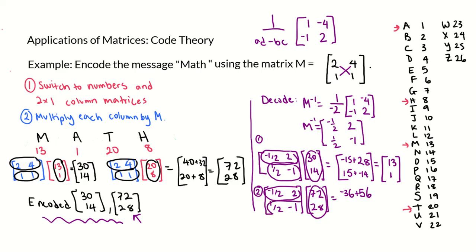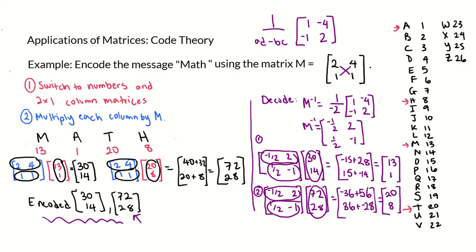And then 1/2 times 72 is 36. Negative 1 times 28 is negative 28. Simplifying here, we get 20 and 8.